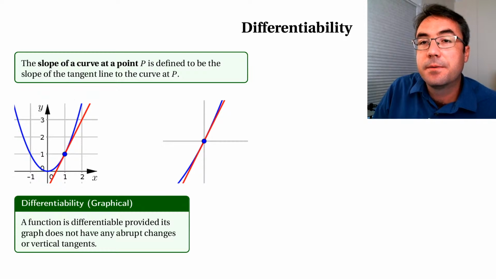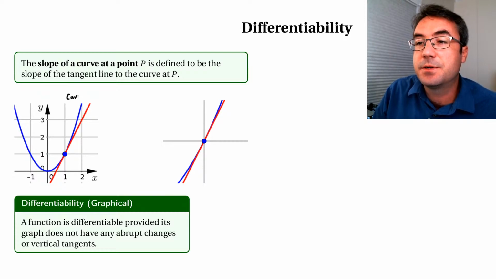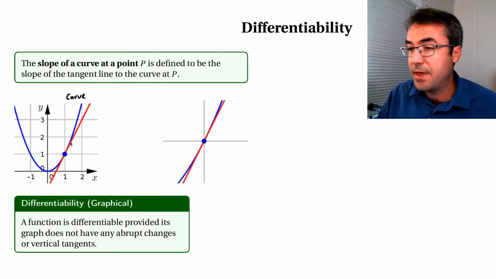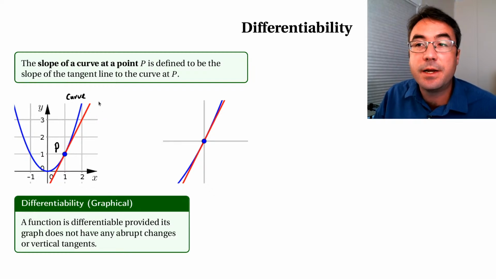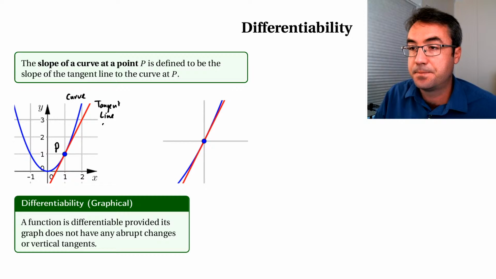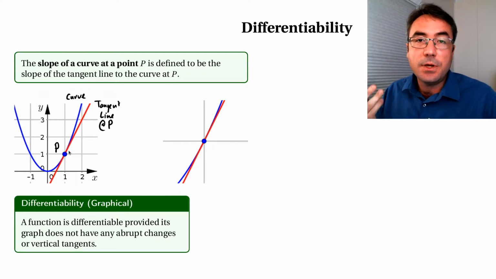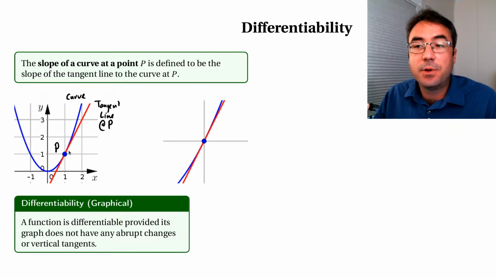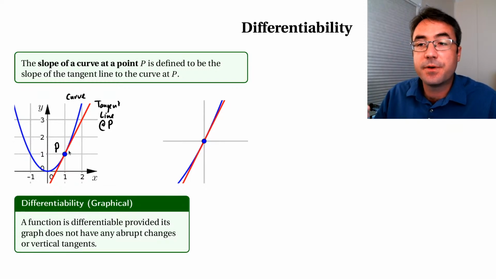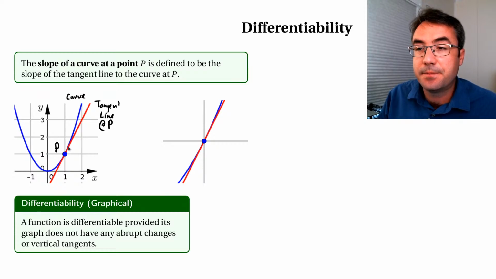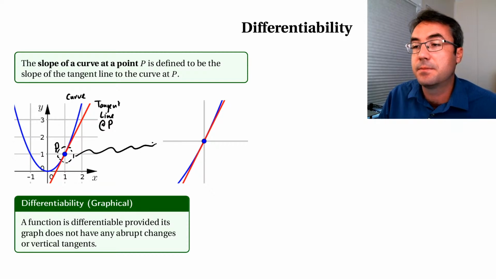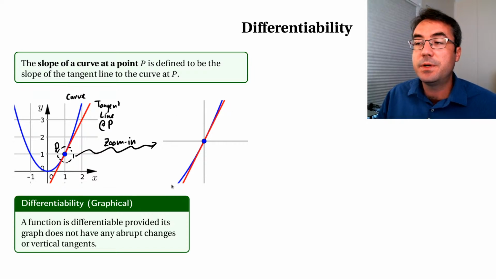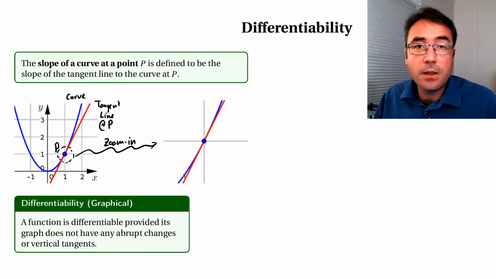And so in this little diagram, in this little example, we have our curve. And then we have our point P, and we've drawn in what our tangent line is. To really think about what it means to be differentiable at a point on our curve, if we were to zoom in on that point, we would get a graph that looks like this.